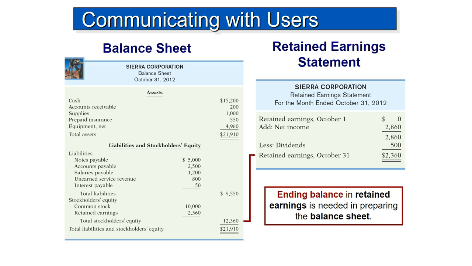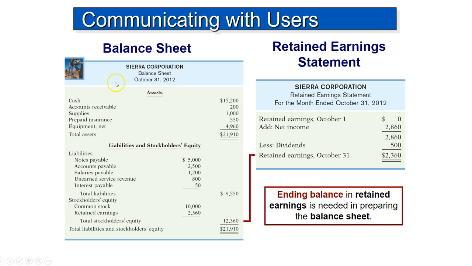Now lastly is the balance sheet. Now notice one thing. The balance sheet is not a time period. It doesn't say for the month or anything. It just says at October 31st. So the balance sheet is at a particular point in time.